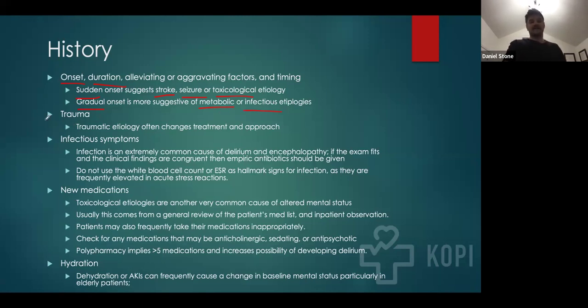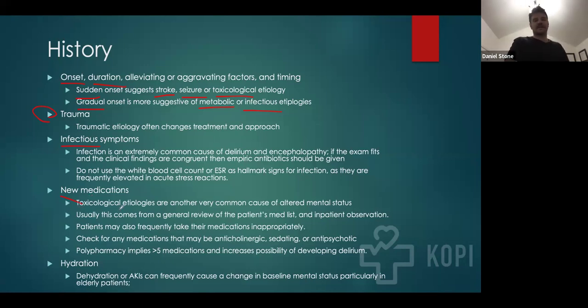The presence of trauma is also always really important, for obvious reasons. Trauma dictates care if it's present. You want to make sure that if you're evaluating somebody, you're asking the family member, the bystander, anybody, about infectious symptoms. You also want to understand if they have any new medications, if they're taking any herbal supplements.